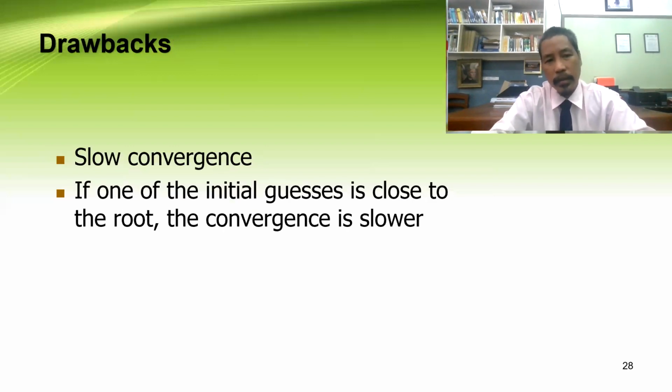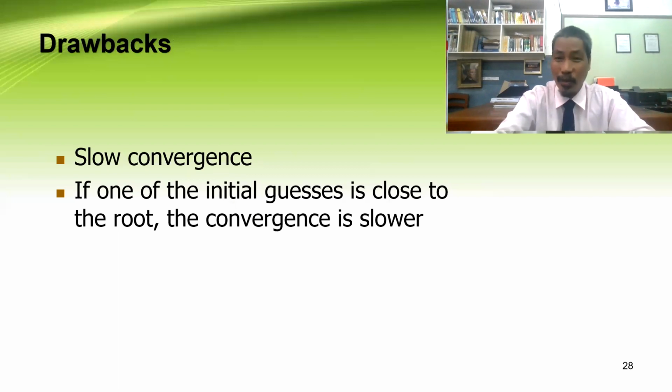What are the drawbacks? Very slow convergence. Very slow. We need 10 iterations and we are only sure of 2 significant digits. And in my estimate, 13 iterations to be sure of 3 significant digits. It is very slow, no?